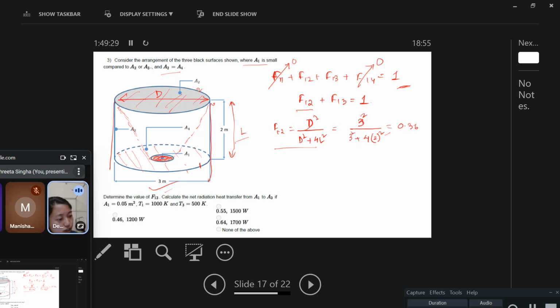They have asked to find out F13. 1 minus 0.36 becomes 0.64.